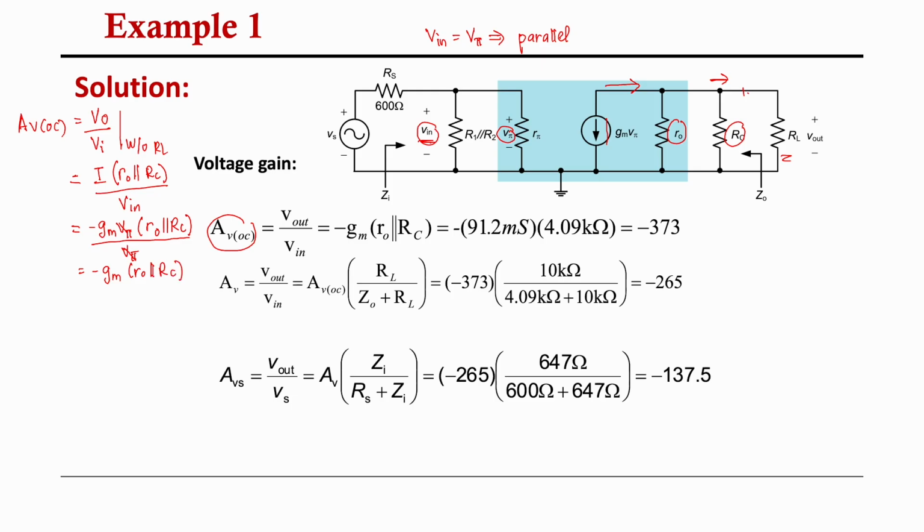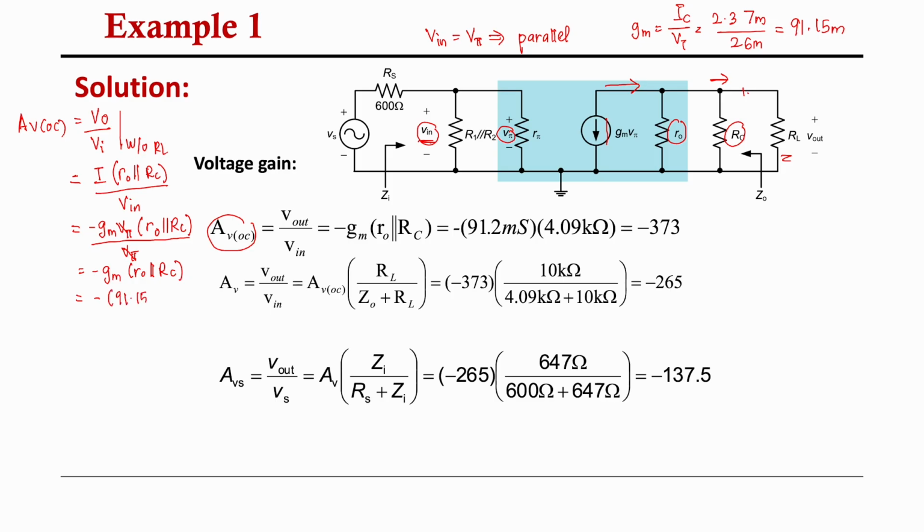Okay, so what is the value of negative GM? GM is the one that we have calculated earlier, right? GM is equal to IC over VT. So IC over VT is 2.37 milli over 26 milli. You will get the one we calculated earlier, 91.15 milli. So we can put 91.15 milli inside here.